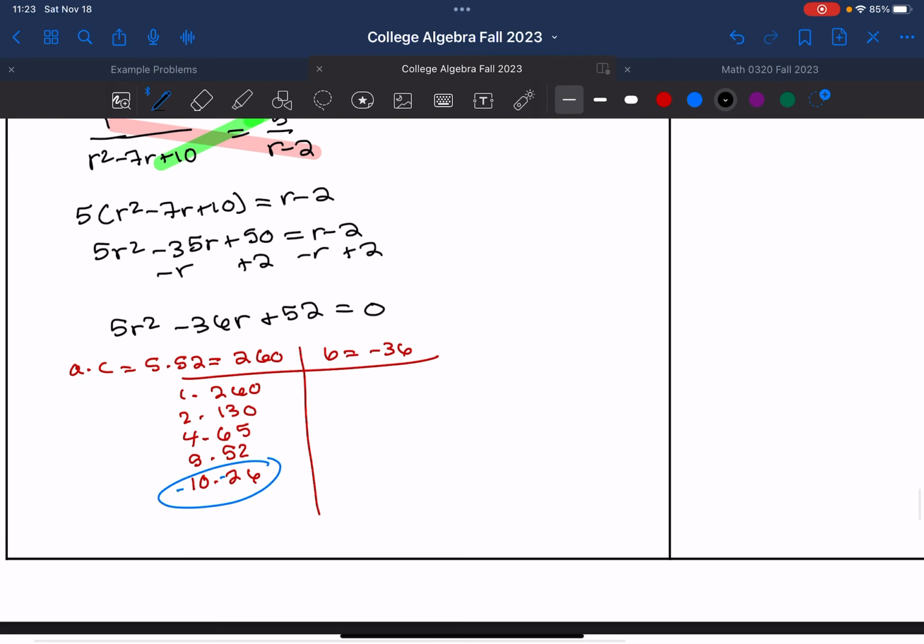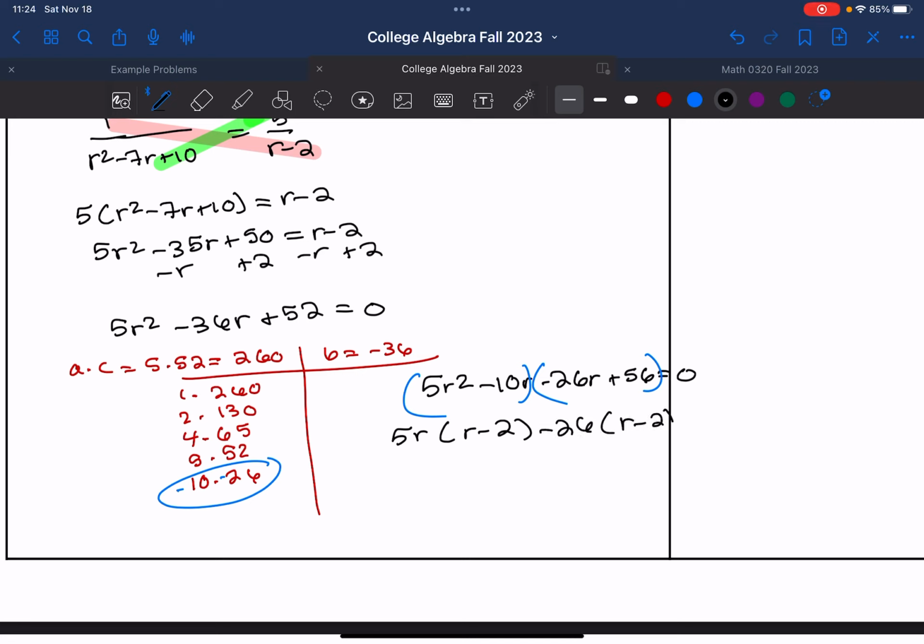Okay. So then I have 5r squared minus 10r minus 26r plus 52 is equal to 0. Factor by grouping. In the first one, I'm taking out a 5r, and I'm left with r minus 2. And the next one, I'm taking out a negative 26 and left with r minus 2.